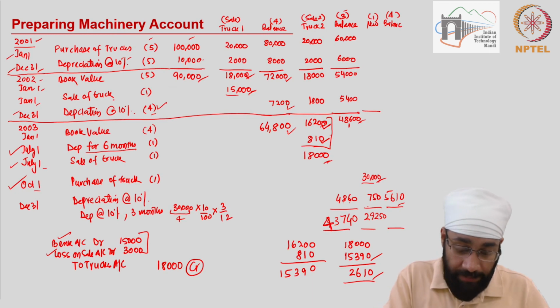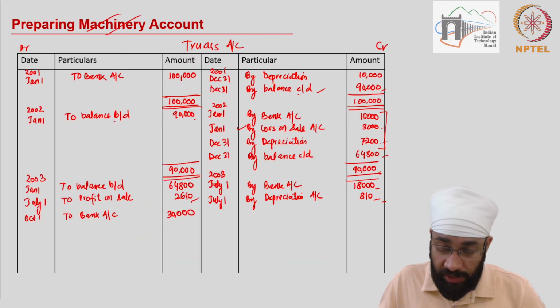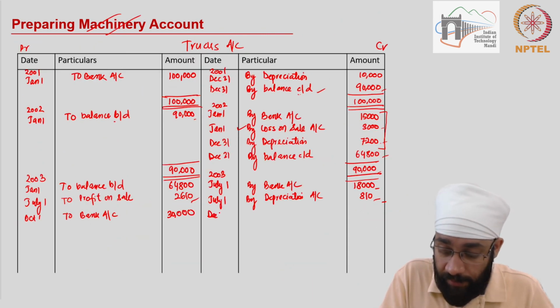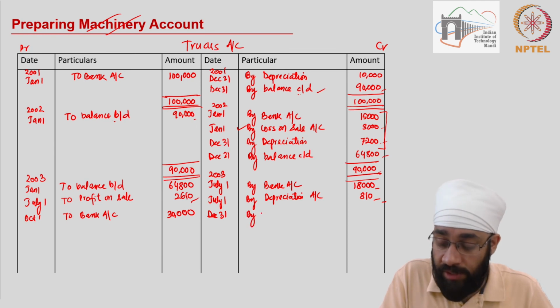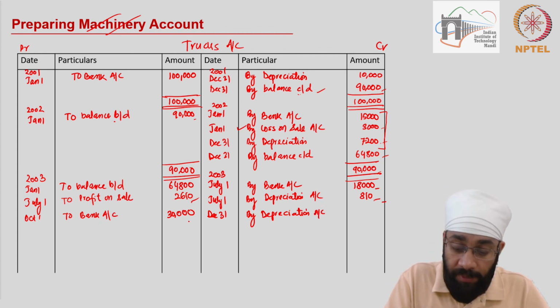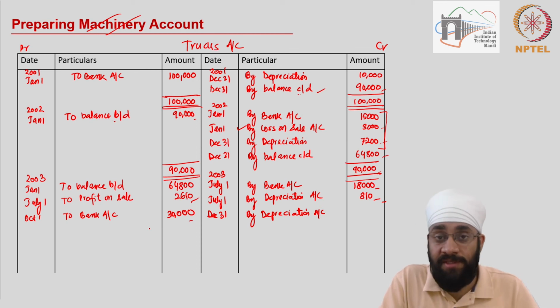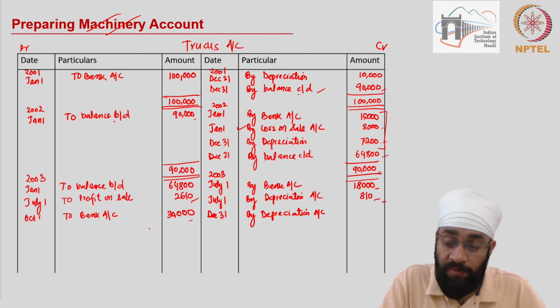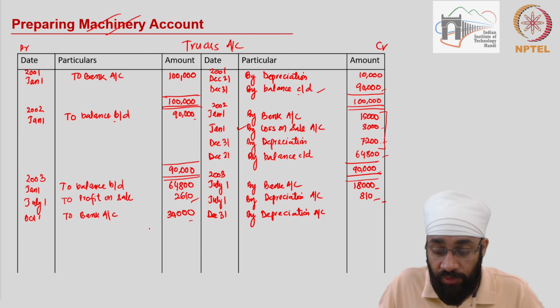Finally, you have depreciation which is being charged. So December 31st, we are going to charge depreciation. Depreciation is going to be charged on both the new truck being purchased and the previous group of trucks that you have, which is equal to 3.